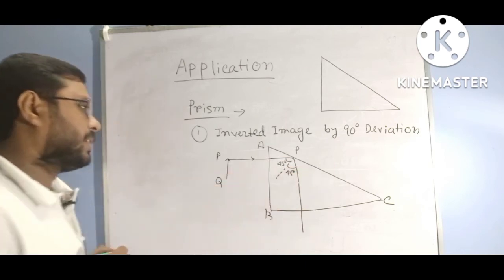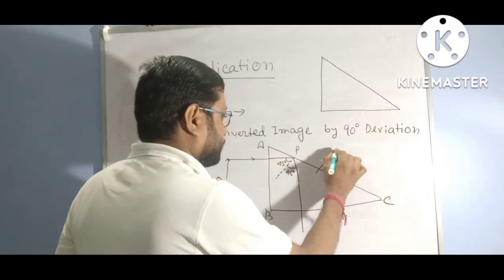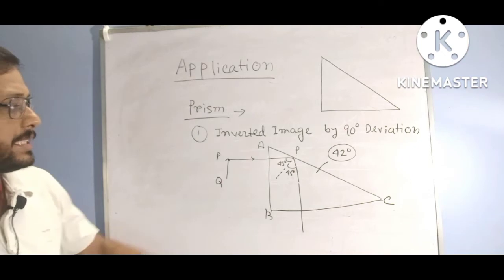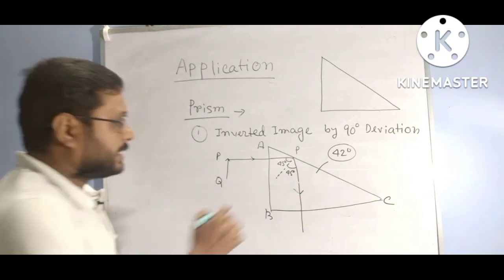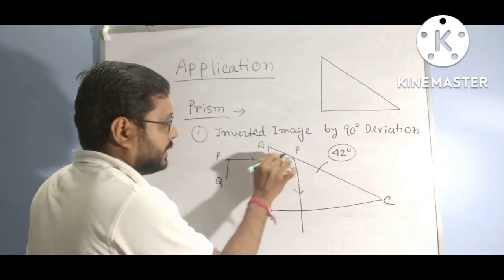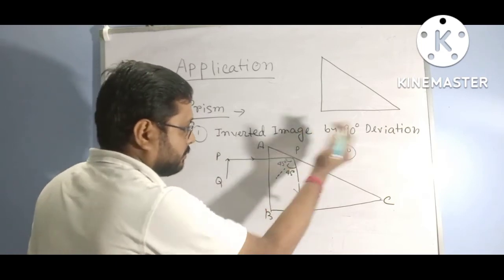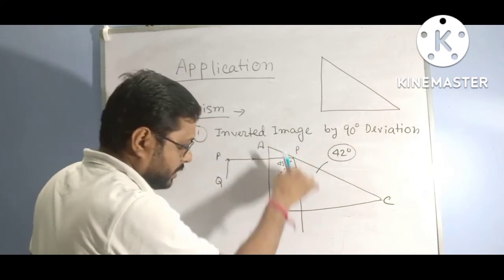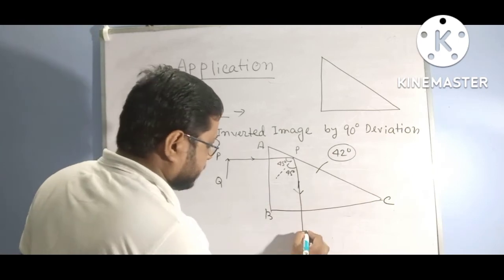As we know, the critical angle for a glass prism is nearly equal to 42-degree. So as the angle of incidence here is greater than the critical angle, the ray at point P, in spite of refraction, is totally internally reflected and emerges out from the face BC without any deviation or normally.